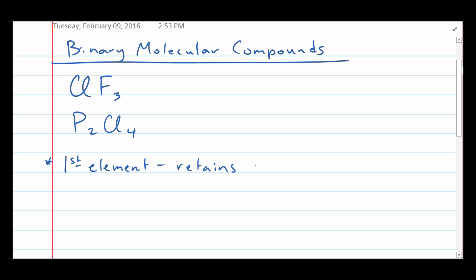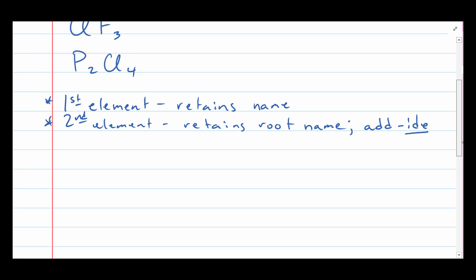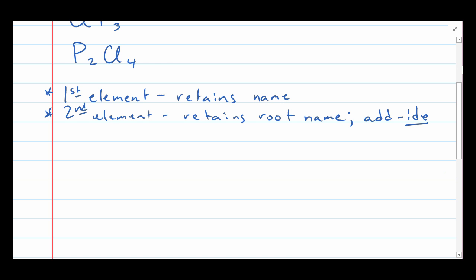We say that the first element retains its name and that the second element retains its root name, onto which we add a suffix of IDE. And so again, this is identical to what we did when we looked at the binary ionic. But we add on a third one.